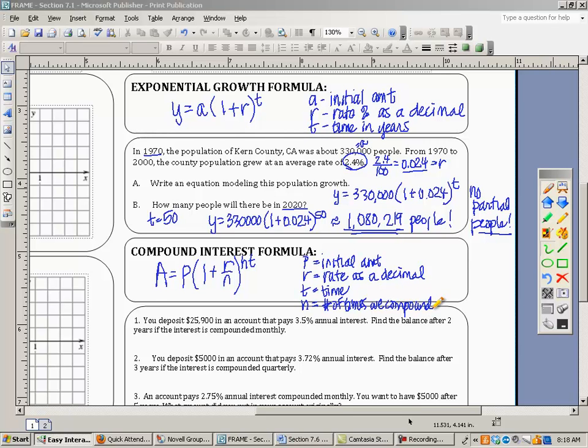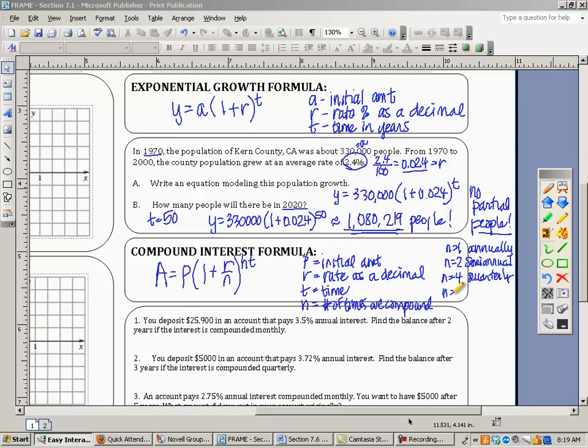And so we're going to give you some little hints. If N is 1, then it's annually. And somewhere in the phrasing of the question, they'll say annually. If N is 2, they'll say semi-annually. If N is 4, they'll say quarterly.